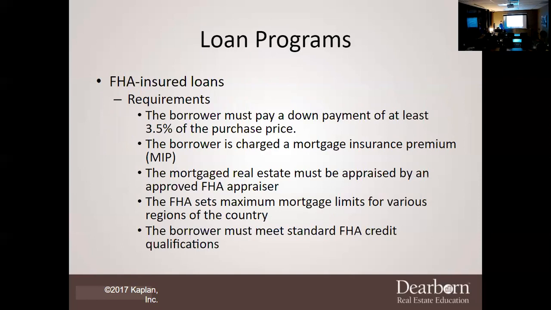Now, when we deal with FHA, we have in this situation a different stance. FHA is the most lax, it's the most laid back, okay? So the borrower only has to put down 3.5% of the purchase price.